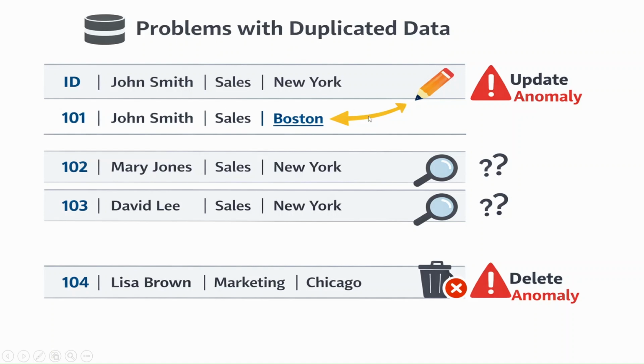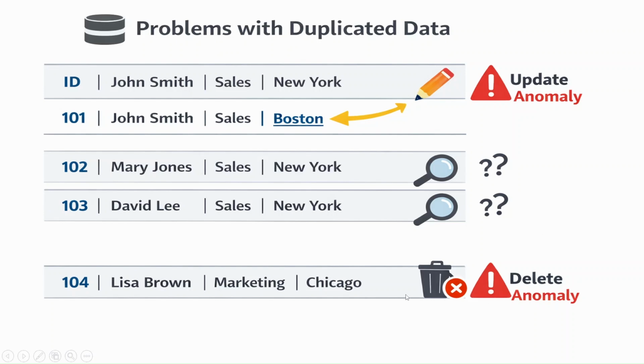I need to make an update on multiple rows, in this case four additional rows. This one, and this one. So this is not right, because I should be able to update the data at a single place only. Due to data duplicacy, I need to update this New York location to Boston at four different places, which is not correct.